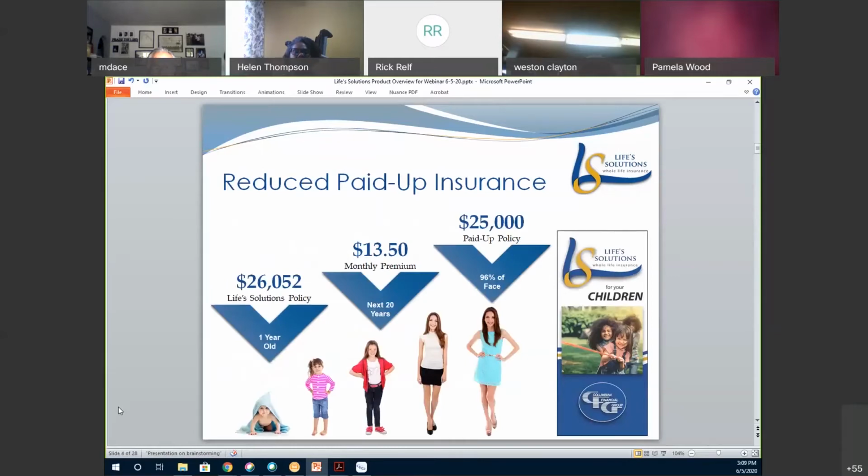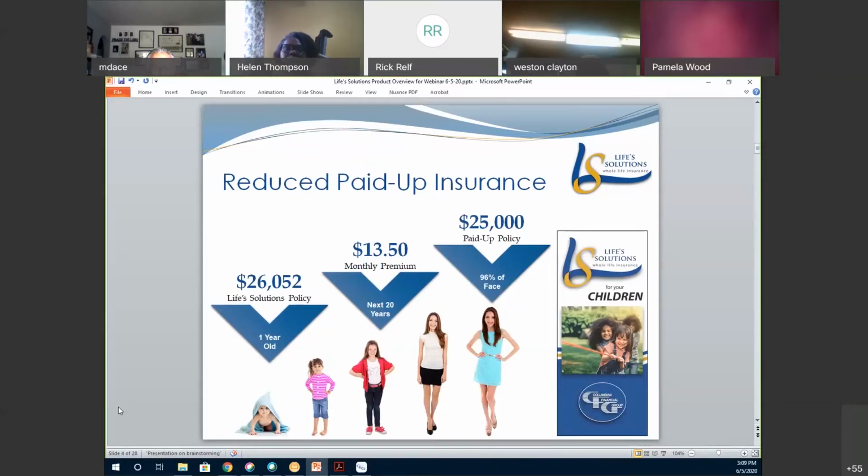I love this slide. Really demonstrates in the child market what we're talking about with this product. You see here a 1-year-old young lady, and the policy that her family purchases is $26,052. Kind of an odd amount, I'll grant you, but stick with me. Pay $13.50 a month for 20 years, and then when she's 21 years old, she has a paid up policy for $25,000.